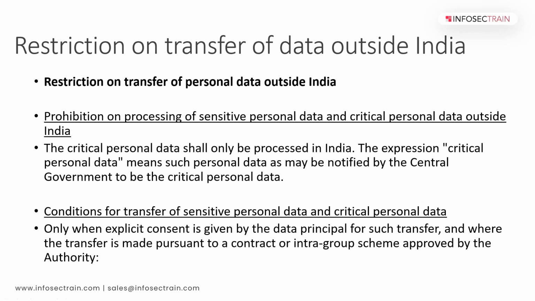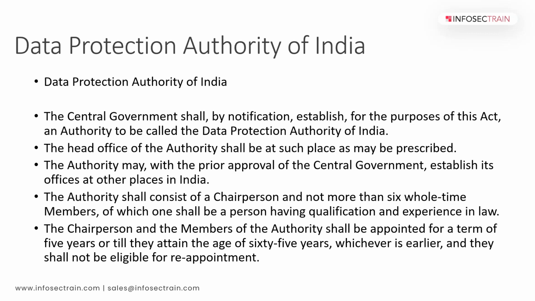It is not that every state can do this. The central government is going to be doing that, and there is going to be a department for that. That's what we are going to see in the next slide. This is the Data Protection Authority of India, which is the organization that's going to take care of the entire thing. With all the other things, there is a role and then an office to support the role.